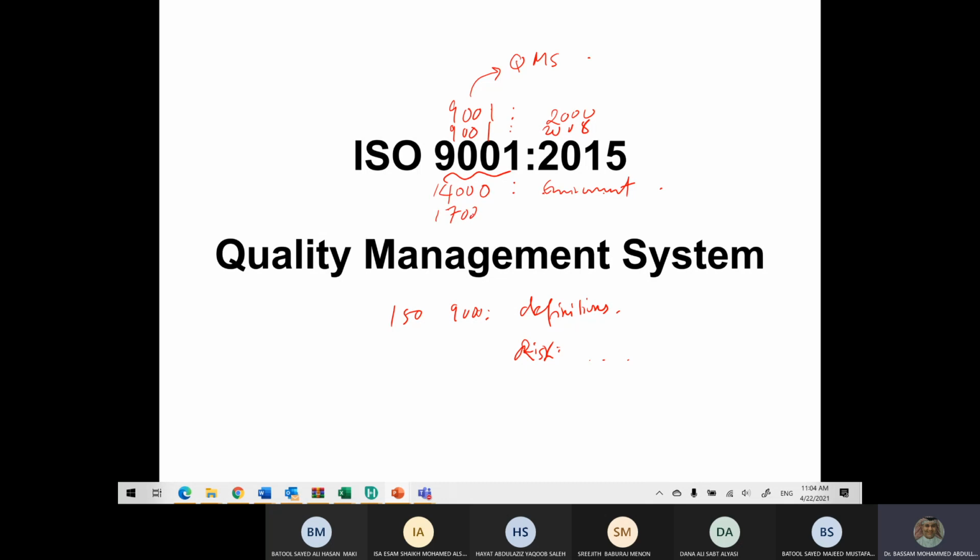It dealt with ISO 17,025, which are related to labs and forensic labs. Okay, so that was a very beautiful experience for me because I did not deal with that before. We just finished. It was a 2-year master project.